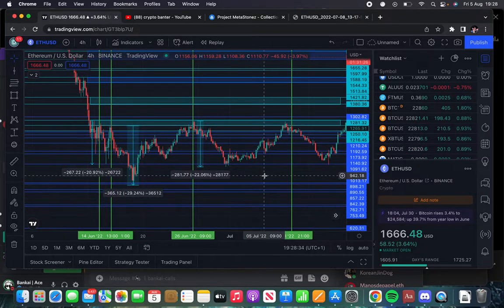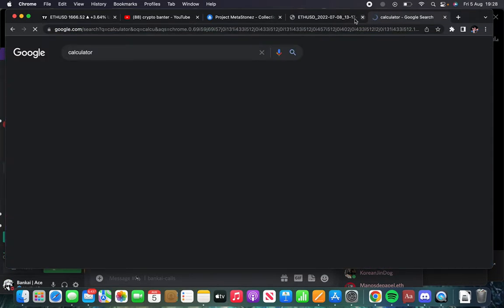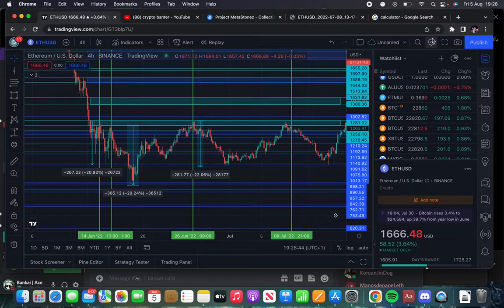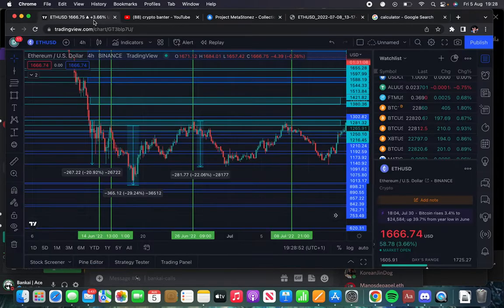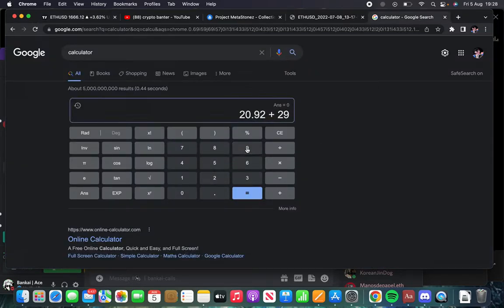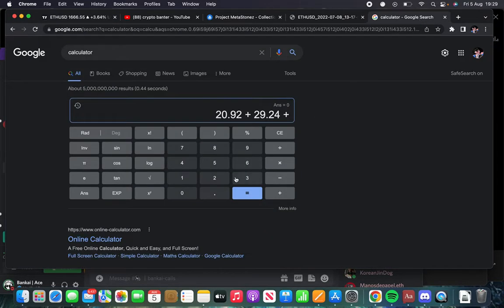So what I did was I took the averages of all of those. If I just get out the calculator real quick: 20.92 plus 29.24 plus 22.06 equals 72.22.